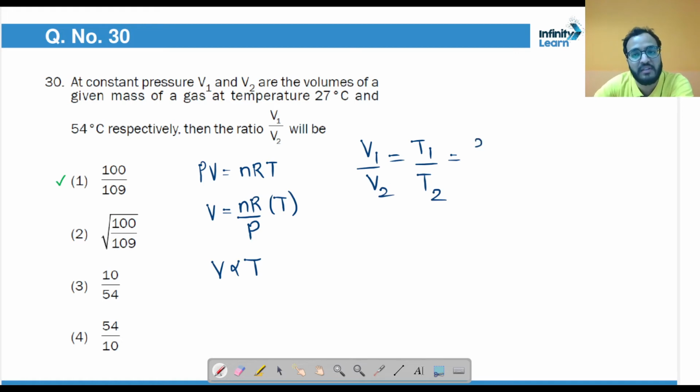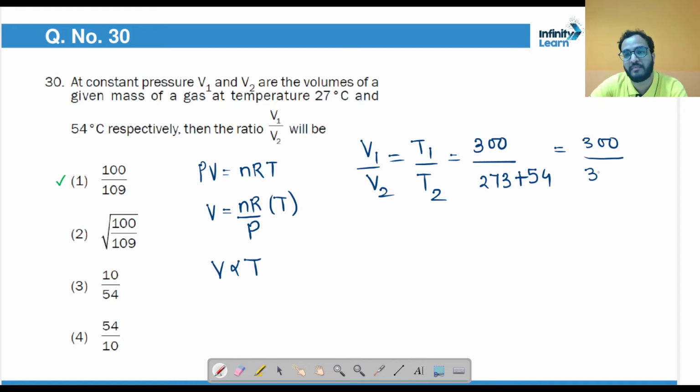What is T1? 300. What is T2? That is 273 plus 54. Clear? Now you solve it, you'll get the answer. It is 327, right? 300 upon 327. So it is 100 upon 109.